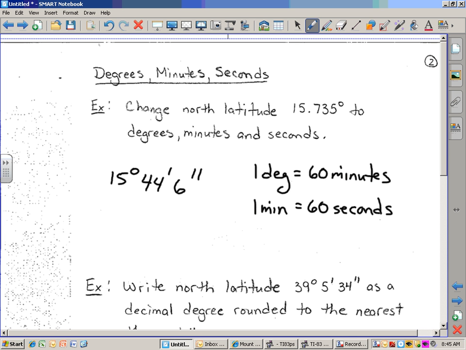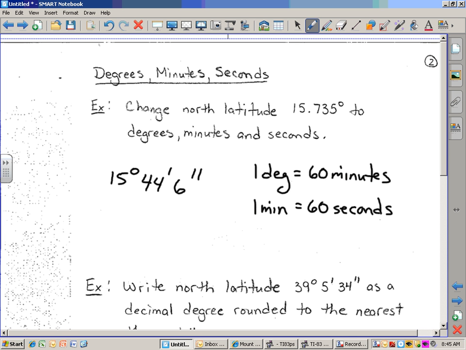Degrees, minutes, and seconds affect all of us. Usually in the past, we wouldn't talk about it much because it really didn't affect us. Boats are the big ones that used it, with latitude and longitude, knowing where they're at.